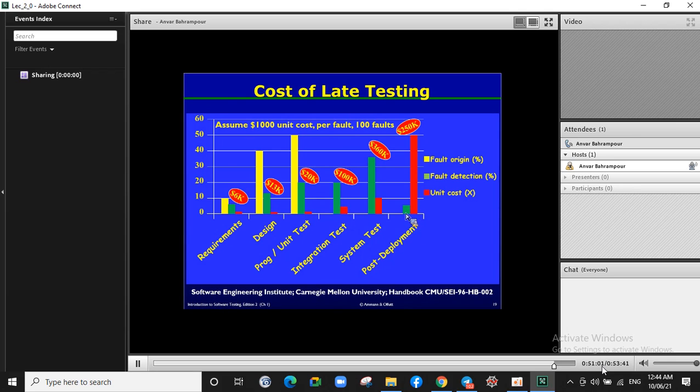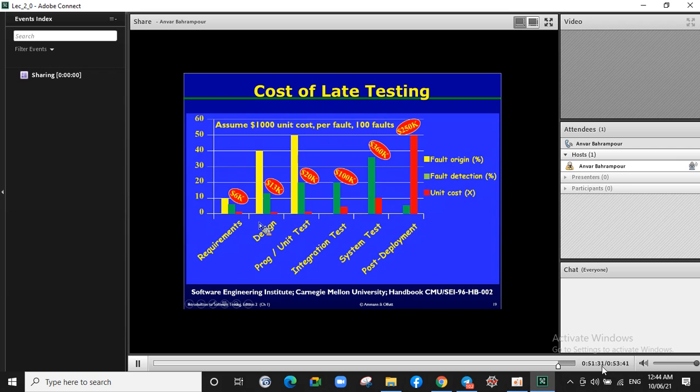Faults detected in the post-development stage are more costly than the faults detected in previous stages. So we should try to detect faults in phases previous to the deployment of the final program.